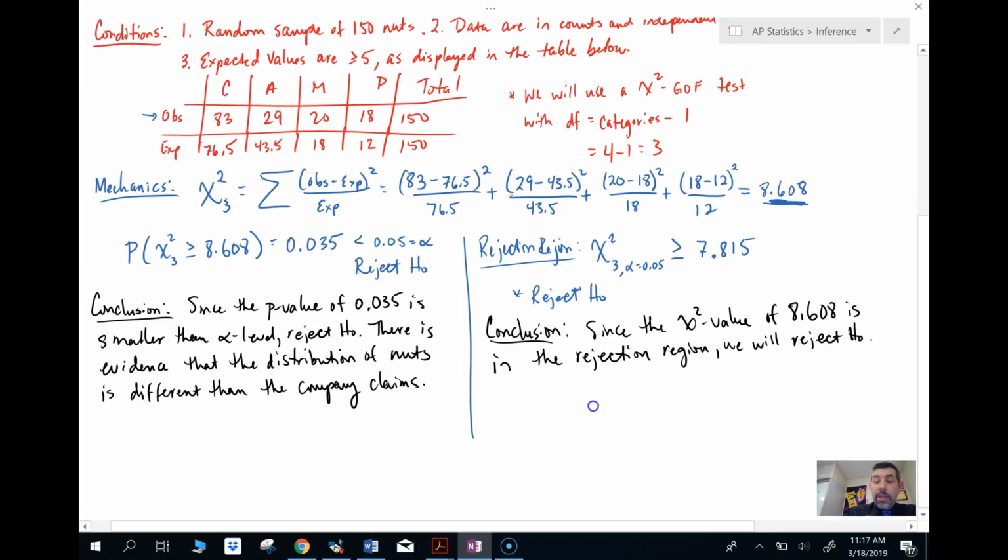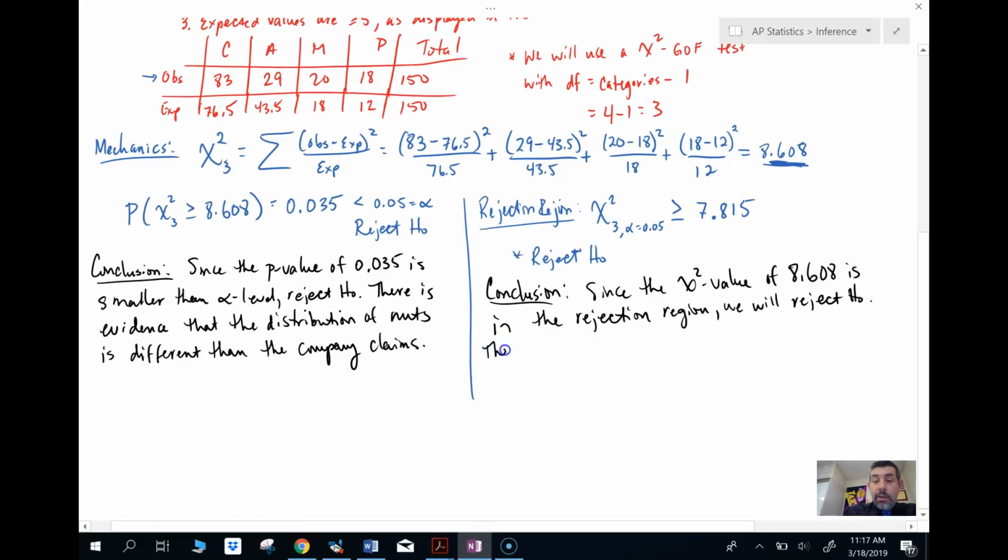And then we write the same thing as we did last time. There is evidence that the distribution of nuts, sorry, I'm going nuts, is different than the company claims.